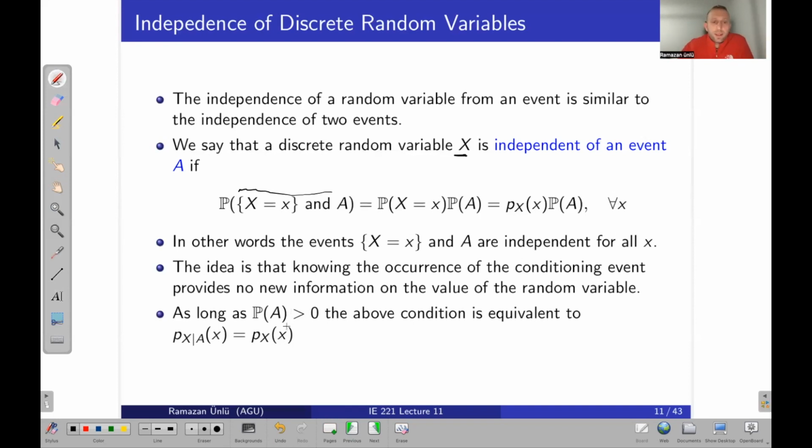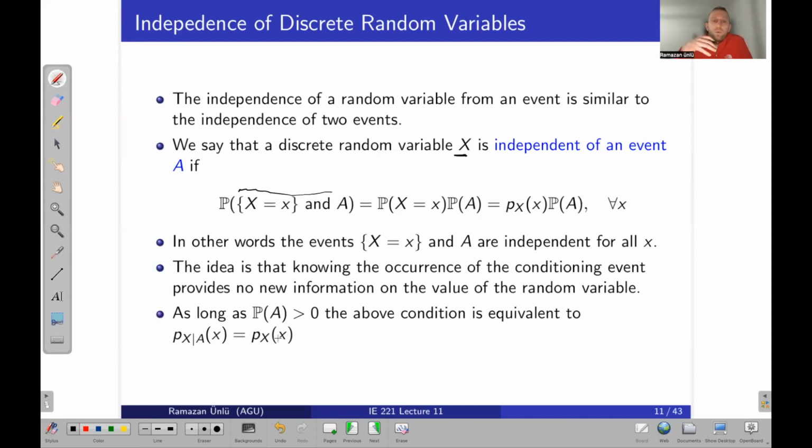As long as the probability of A is strictly positive, the above condition is equivalent to saying that the conditional PMF of X given A is equal to the unconditional PMF of X, because the idea is the same.